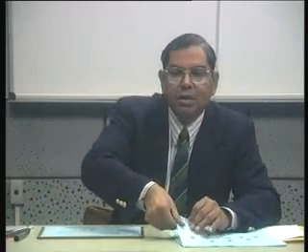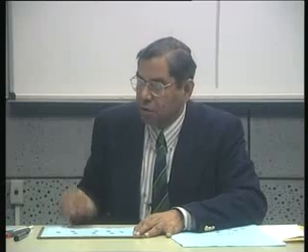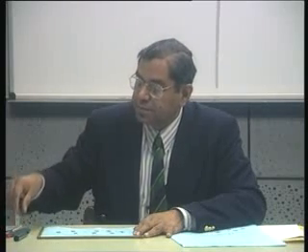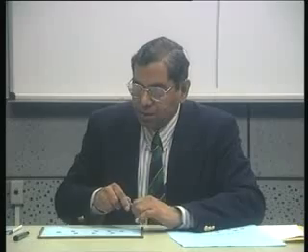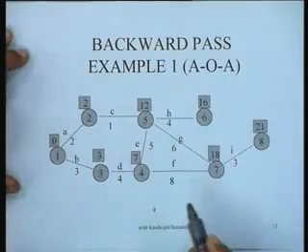Now let's see how the backward pass is done. We have already done the forward pass for this particular network. In the forward pass, we have identified the numbers which are written in the top boxes.